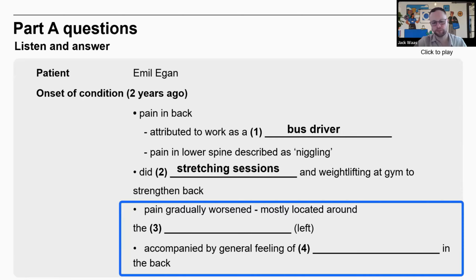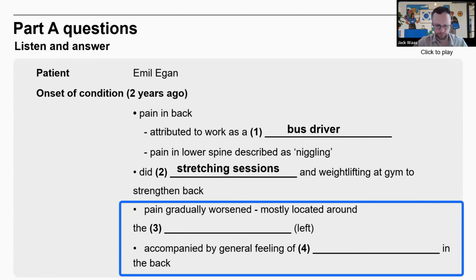So, Emil, I understand you've been having problems with your back. I've got your notes here, but it would be good to hear your perspective. Could you run through how this started, what treatment you've had, and anything else you think I should be aware of? Sure. I've been getting back pain for around 2 years. It all started when I got a job as a bus driver. I've always done a lot of driving, but it had never been my main occupation before. Anyway, after about 4 months, I realized I was starting to get a few niggling pains in my lower spine, nothing too serious, but enough to make me feel a bit uncomfortable at the end of a day's work.